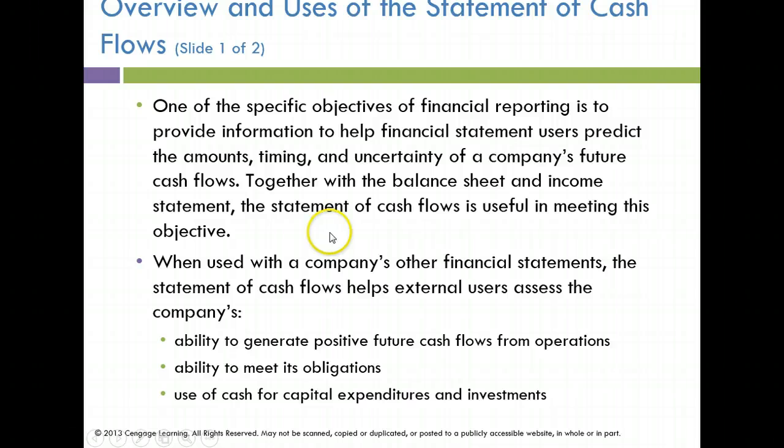When companies are having a hard time meeting their cash demands, chances are they're not going to be around much. Cash is king. Yeah, we want to make revenues, but you have to make sure you get that money in a timely manner, and that you are a good budgeter of your money.